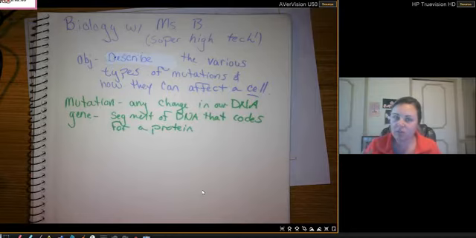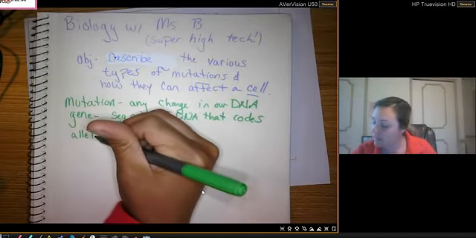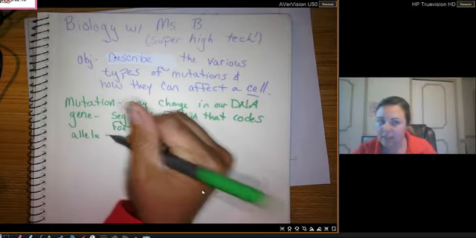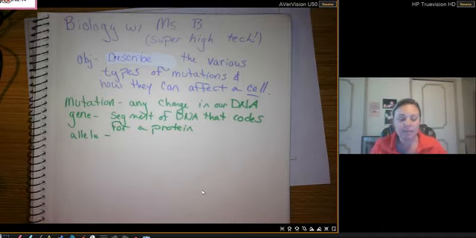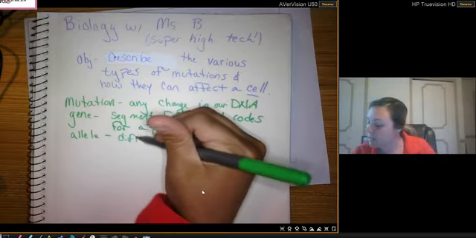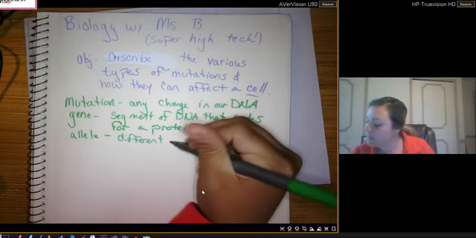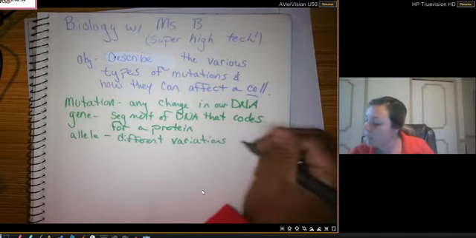I'm going to introduce a new vocab word: allele. An allele is a various type of gene. If you have a gene, but there are different kinds of that gene, that would be an allele: different variations of the same gene.